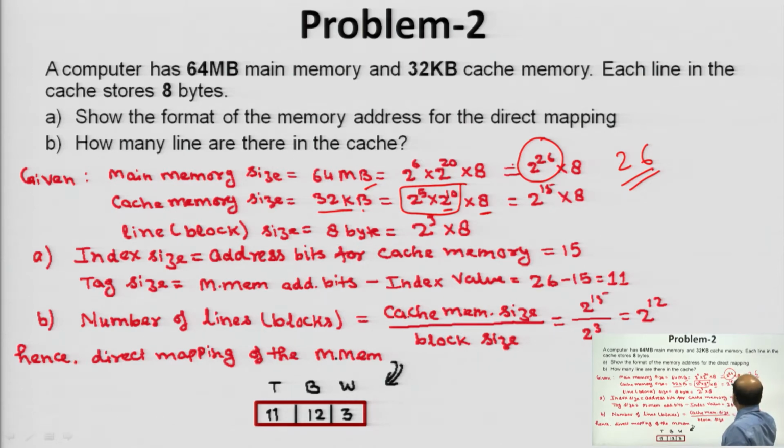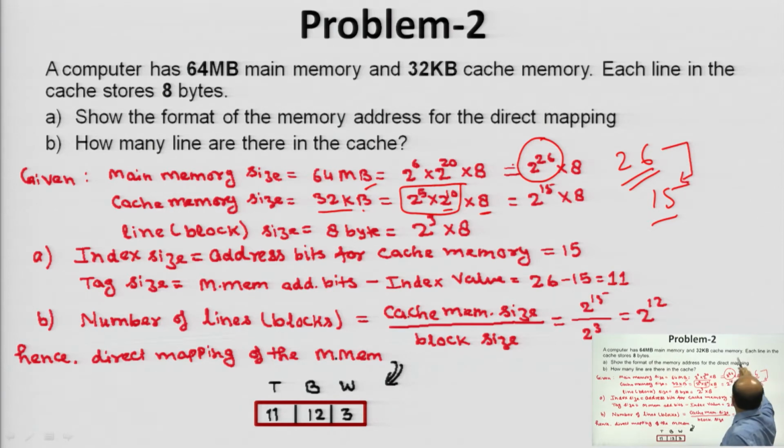So, this will become 2 to the power 15, that means 15 bits are required to address the cache. Now, the mapping between main memory and cache memory means 26 bits will be mapped with the cache memory, that is 15. So, mapping between 26 and 15 is required.